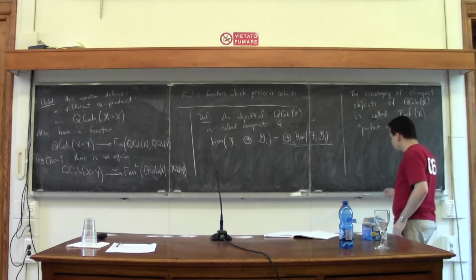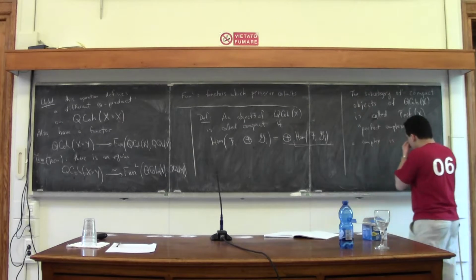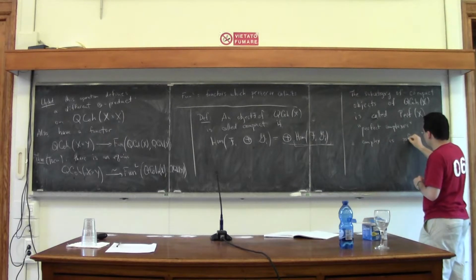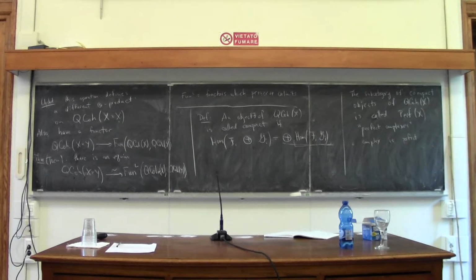And it's those, so a complex is perfect. Well, roughly the idea is it's one that can be built by a finite procedure and bootstrapped out of a free guy.